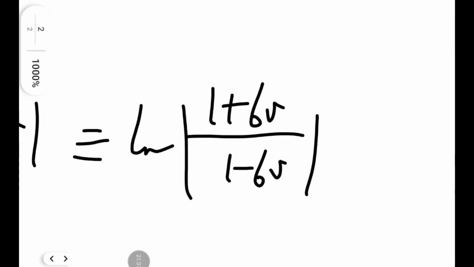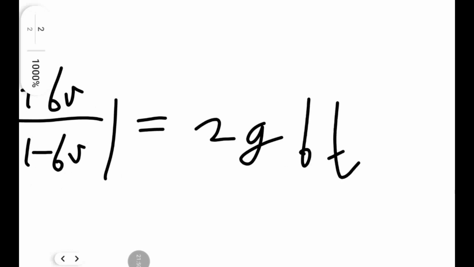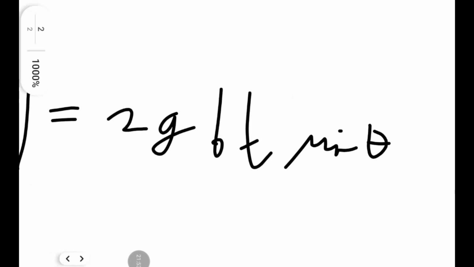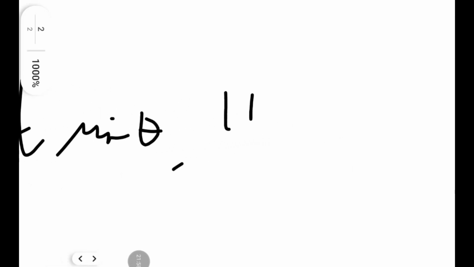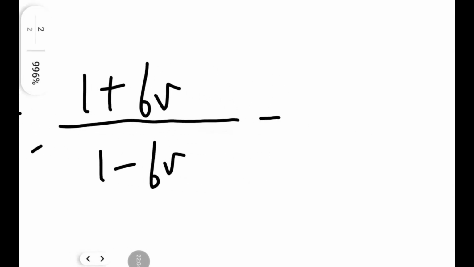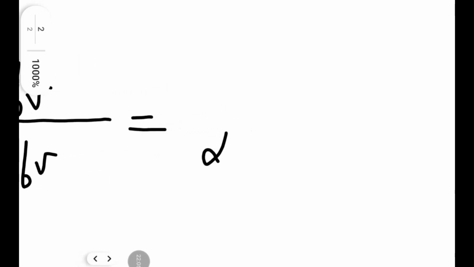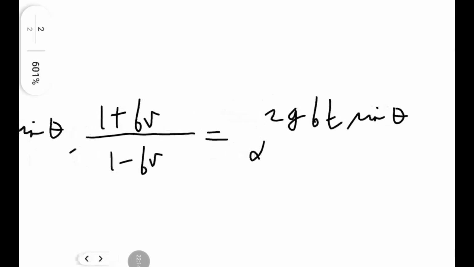So this is equal to 2g bt sine of theta. And of course, with logarithms, we can rewrite it as 1 plus bv over 1 minus bv is equal to e to the power of 2g bt sine of theta, like this.